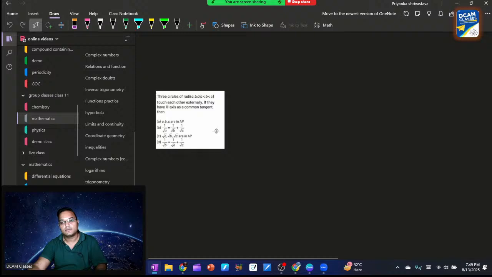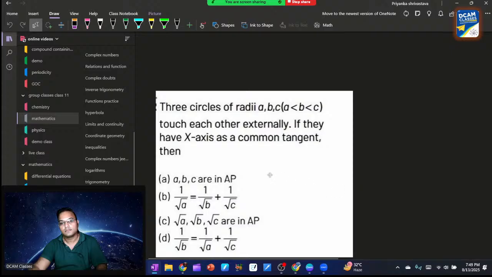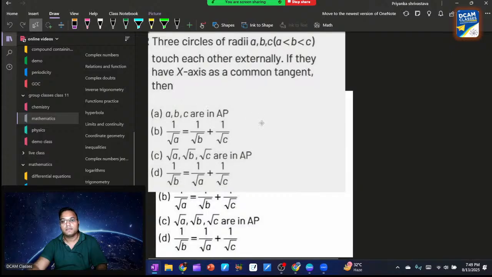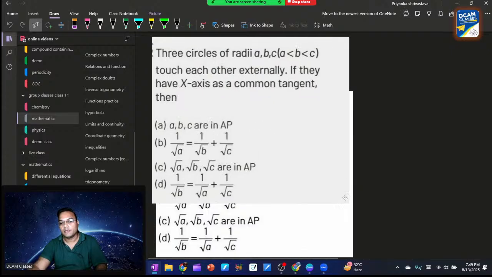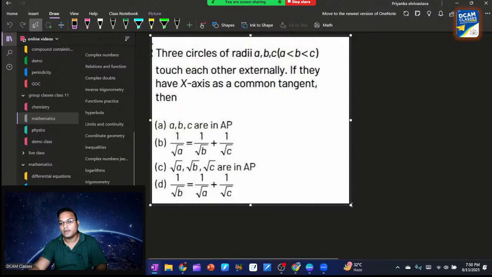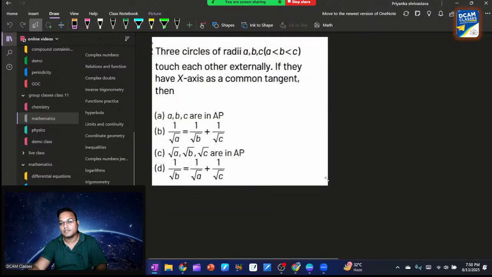See this one. See it properly. If you want me to draw the diagram, I'll draw it for you, but first understand by yourself.